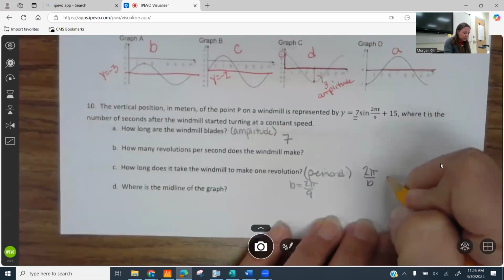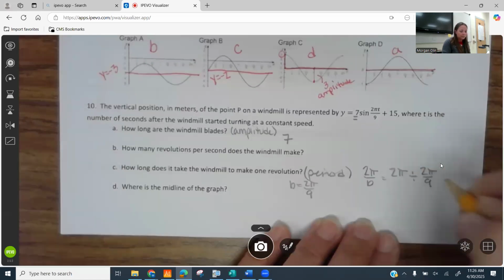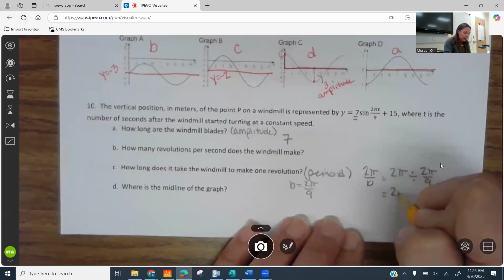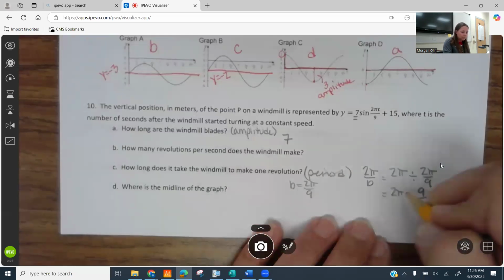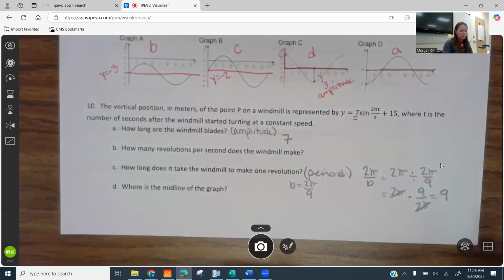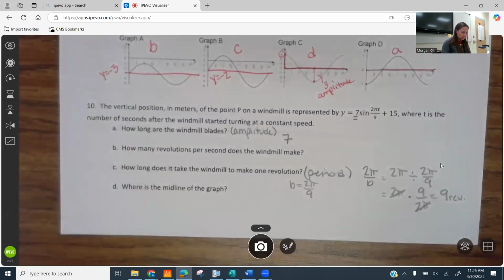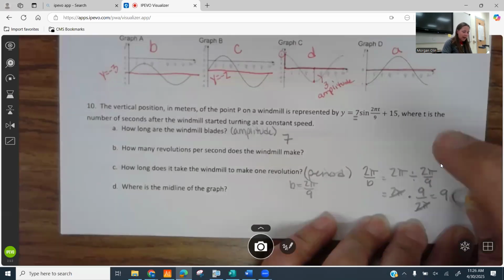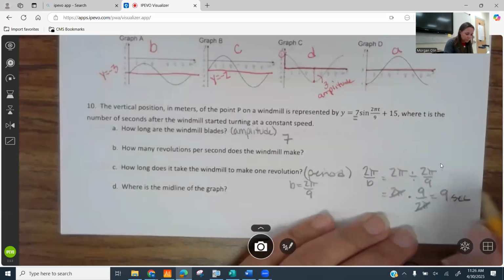So this would be 2 pi divided by 2 pi over 9. Whenever we have fractions, we change it to multiplication and flip this. You can also do this in your calculator, but here the 2 pi's go away and it's 9. So it's 9 seconds to do 1 revolution.